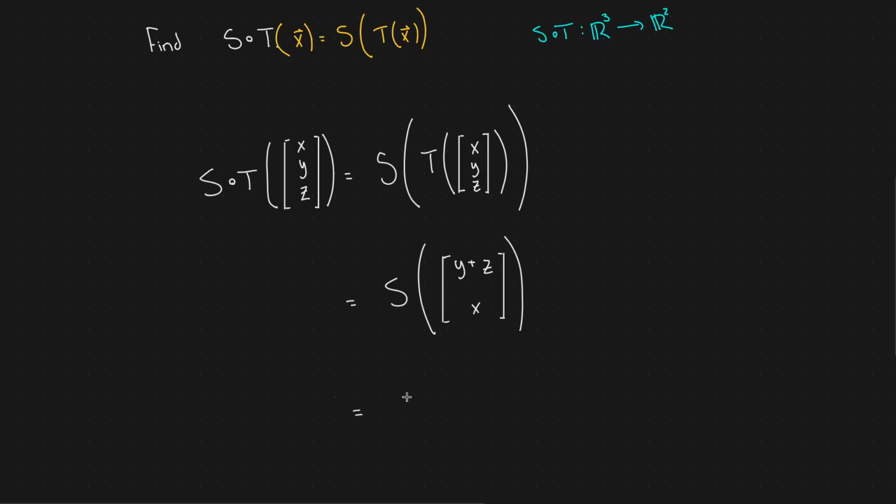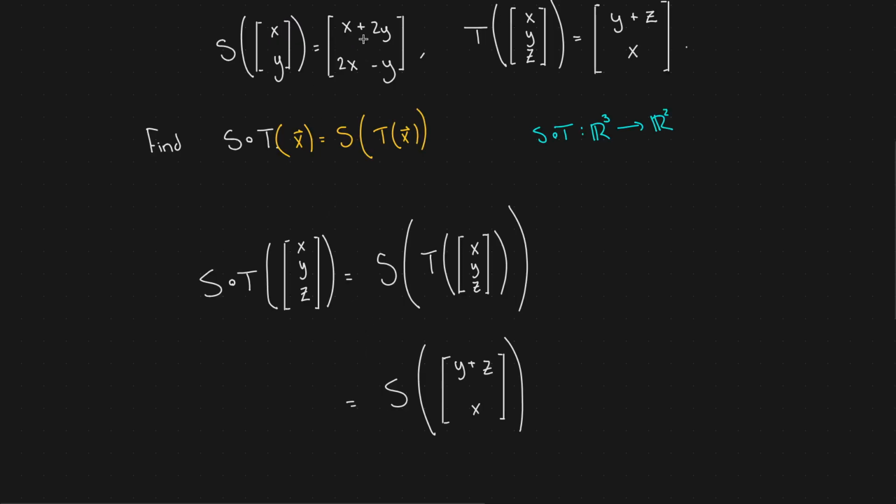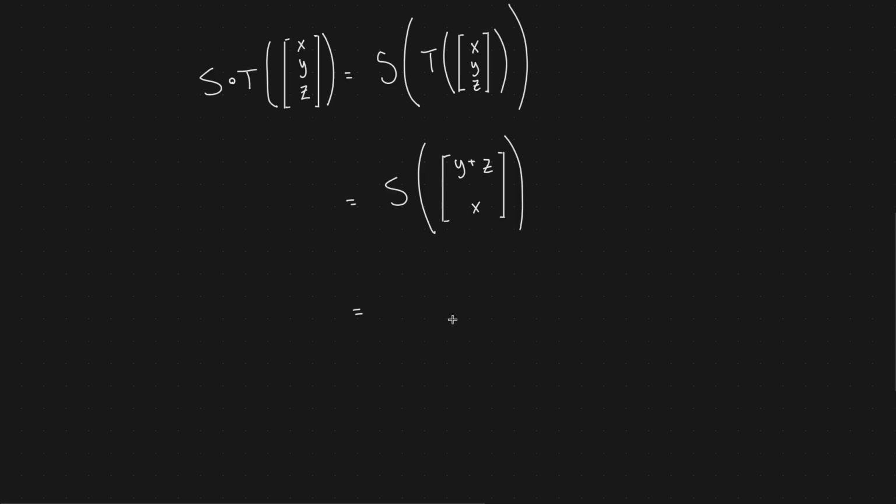So let's see. My first row should be the first component plus 2 times the second component of the input. So first component plus 2 times the second component.